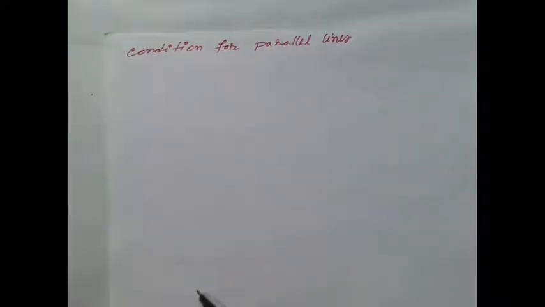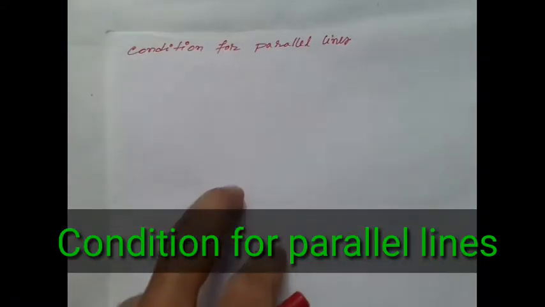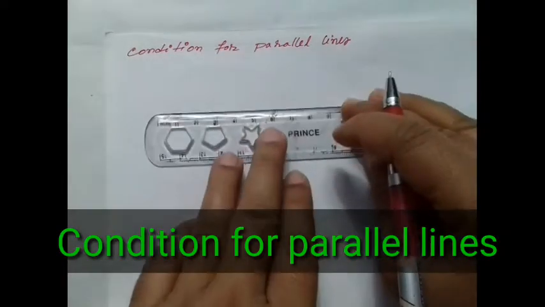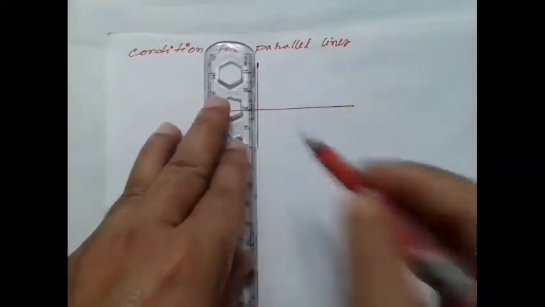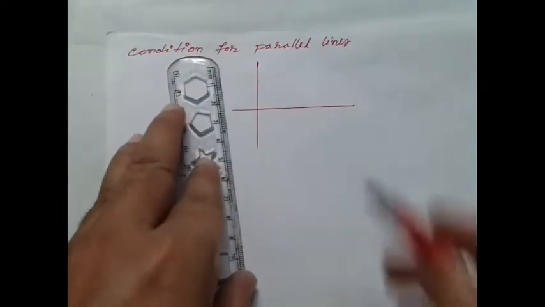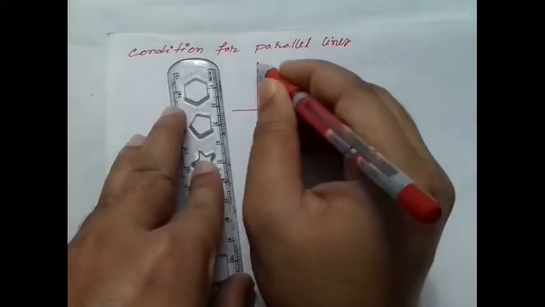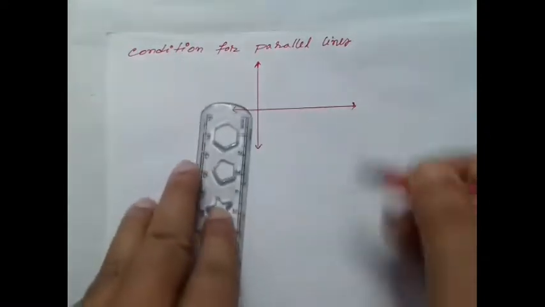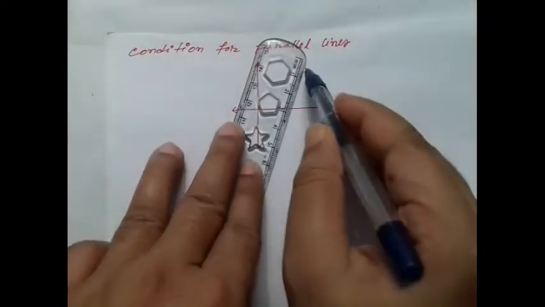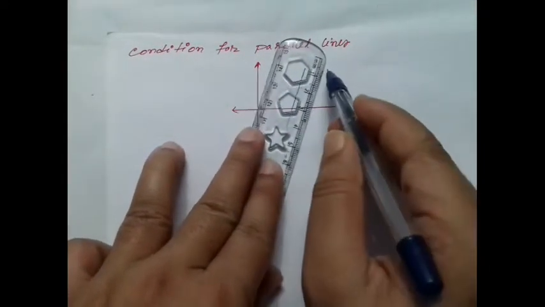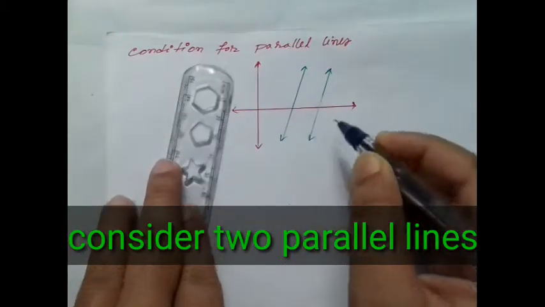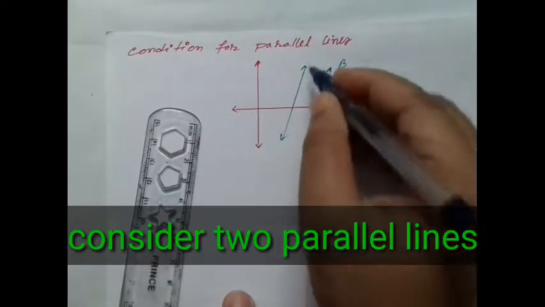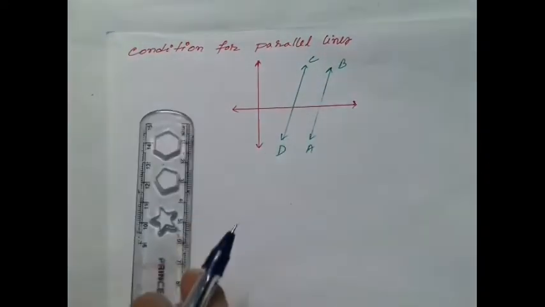Now we have the condition for parallel lines. I have to draw two parallel lines. If we consider two parallel lines, we have to get the meaning of parallel lines.